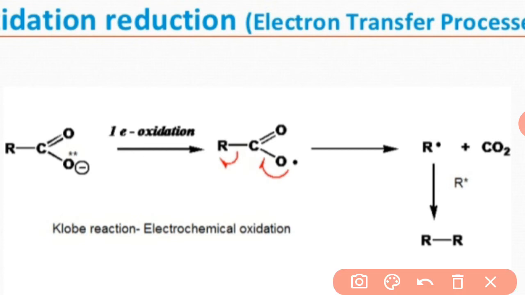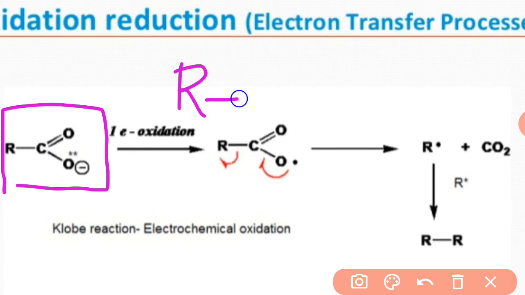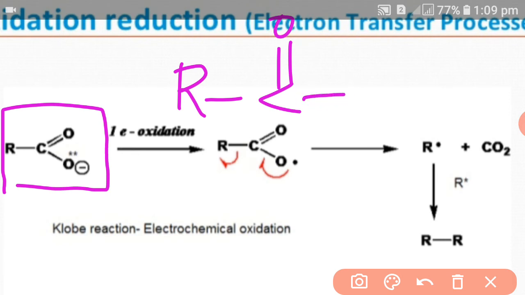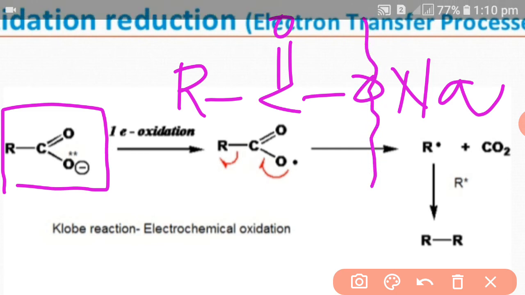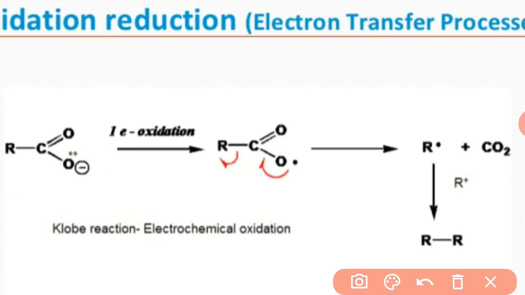Here what is happening is that the broken part is RCOO-Na. We took the sodium salt of acetic acid when we were doing the preparation, so we broke that bond, and as a result this was generated. When this was generated, the electron density got shifted out, that is a one-electron oxidation.